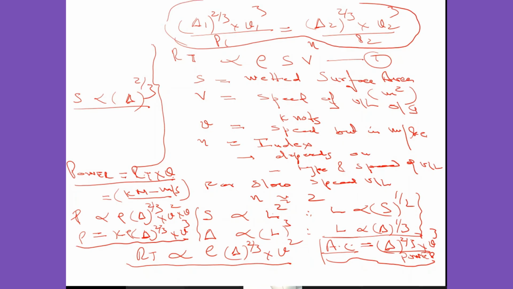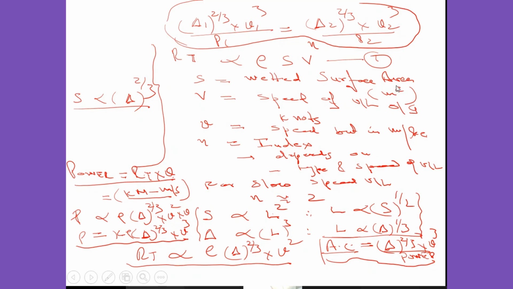Now I can use this very effectively because if I know displacement of the vessel under one condition, when the vessel is moving at V1 speed, developing P1 kilowatt of power, I can calculate if displacement changes from delta 1 to delta 2 and speed changes from V1 to V2, what will be the power? Or if I change the power from P1 to P2, what will be the change in the speed from V1 to V2? If I know V1, I can calculate V2.